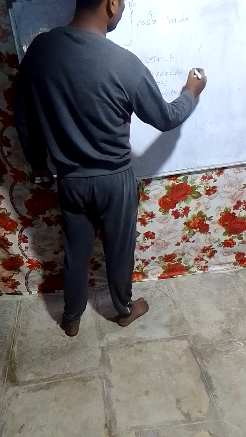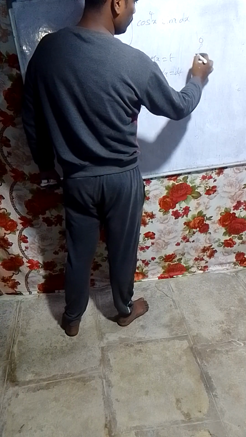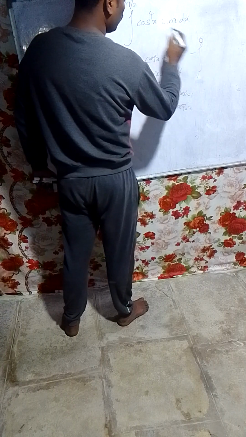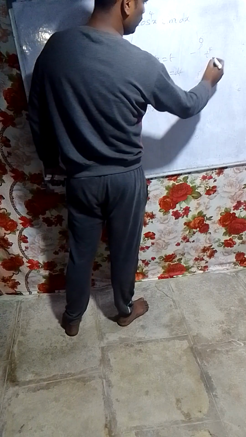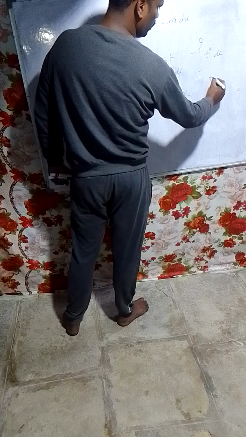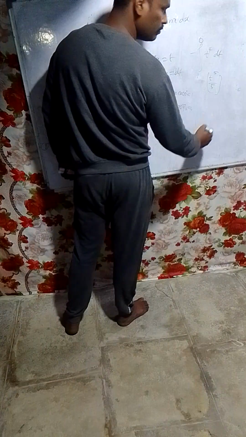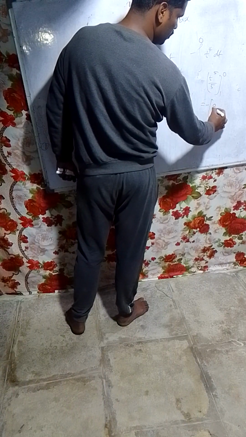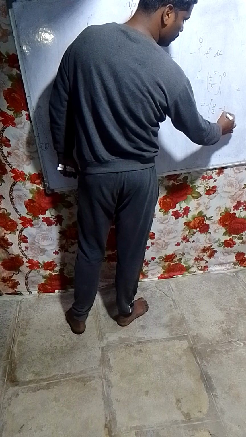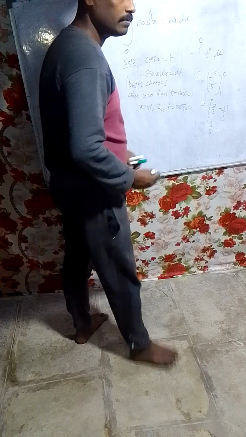Integration 1 to 0, minus, cos means t power of 4, sin x dx means dt, t power of 5 by 5, minus, limits are 1 to 0, minus 0 by 5 minus 1 by 5. Minus minus plus 1 by 5 is the right answer.